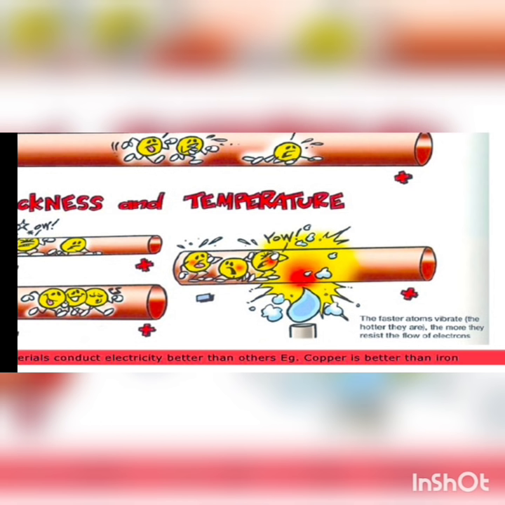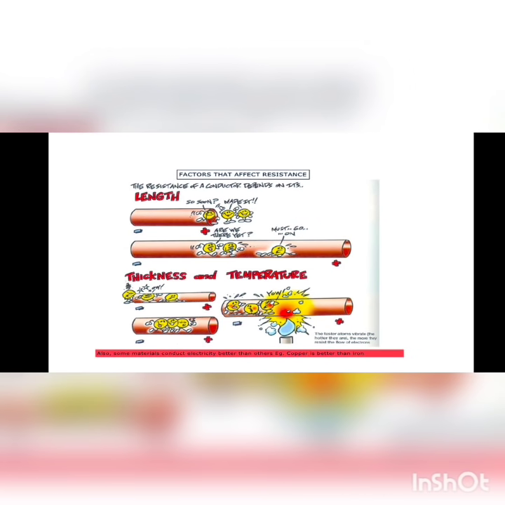So this will lead to more collisions with the electrons. Electrons try to move from one end to another, but because of the more vigorous motion of the other particles, ions and atoms, they face more hindrance. Hence the resistance of the wire increases if I increase the temperature of the wire. So this is the main reason behind the factors which affect resistance.